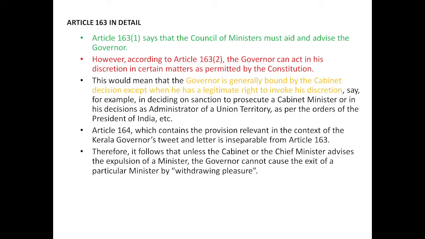So, the statement made by the governor is in accordance with Article 164, but this statement cannot be separated from Article 163. So, a statement made by the governor cannot cause the exit of a particular minister by his withdrawing pleasure.